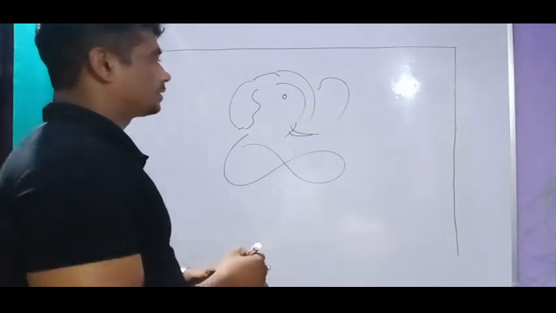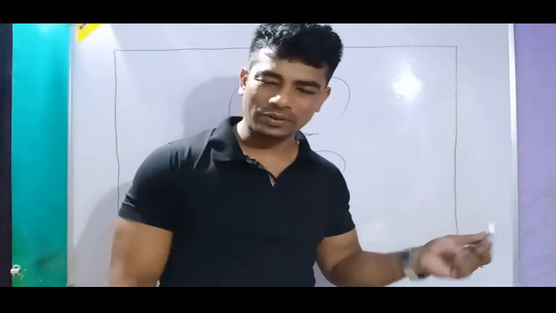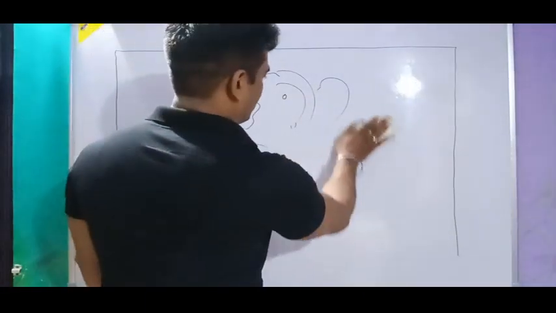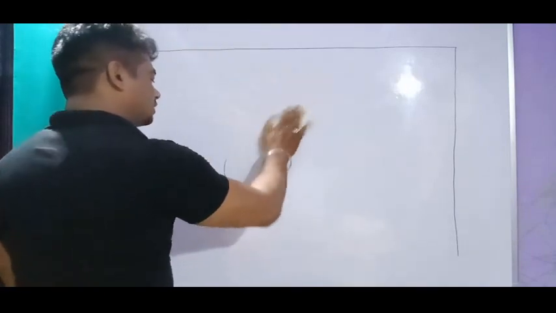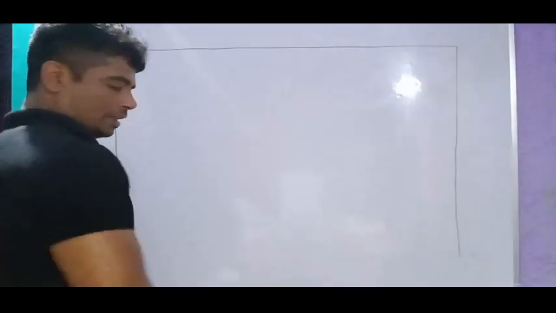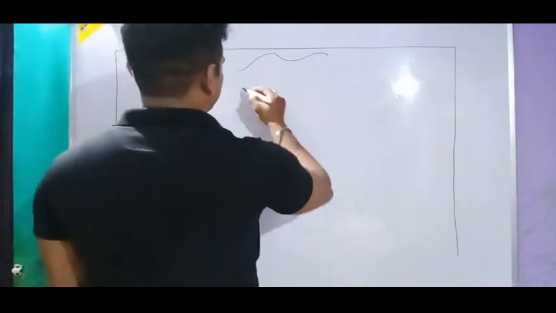But if you are not expert, better don't draw it. Without drawing, you can write it. I will not draw because I'm not an expert in drawing. Now here, in a stylish way, I will write invitation. And if you don't write down invitation also, it will do. Invitation, in a stylish way, like this suppose.